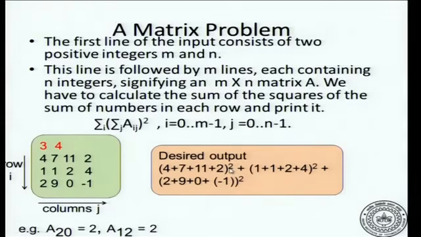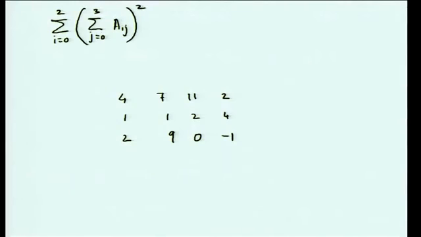So how do we do this by hand? Let us look at the calculation. We have 4, 7, 11, 2, 1, 1, 2, 4, and 2, 9, 0, minus 1. Notice that the formula we have to calculate is i going from 0 to 2, j going from 0 to 3, aij squared. So how do we do this?